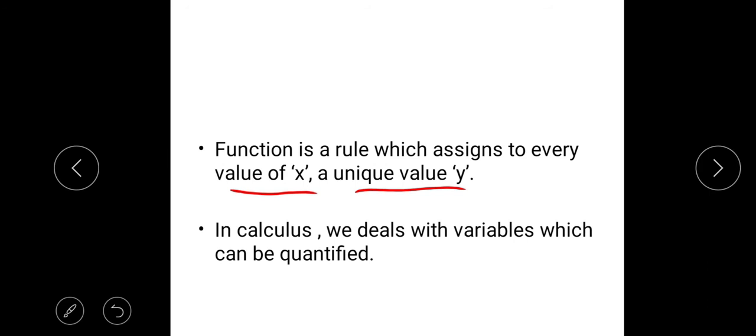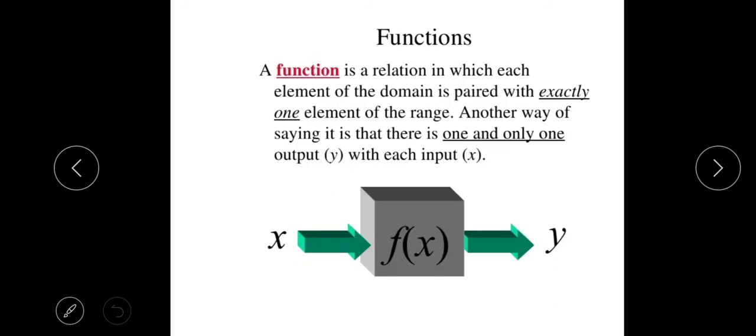In calculus, we deal with variables which can be quantified, not qualified. Now, a function is a relation in which each element of the domain is paired with exactly one element of the range.